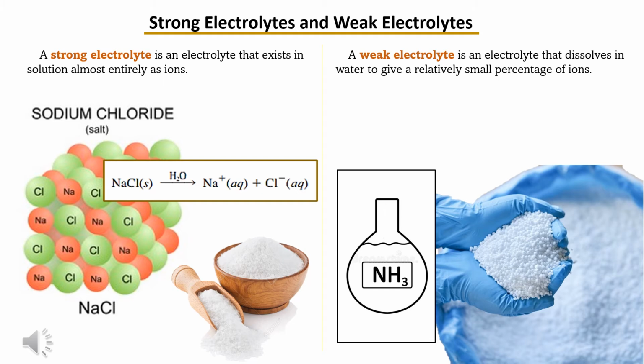Pure ammonia is a gas that readily dissolves in water and goes into solution as ammonia molecules. So when you buy ammonia in the grocery store, you are actually buying an aqueous solution of ammonia. Ammonia molecules react with water to form ammonium ions, NH4 plus, and hydroxide ions, OH minus, and we can show it in the following equation.